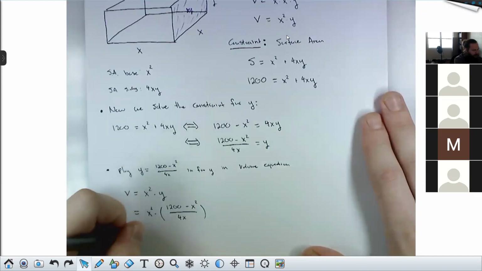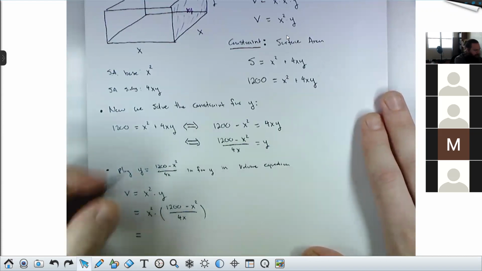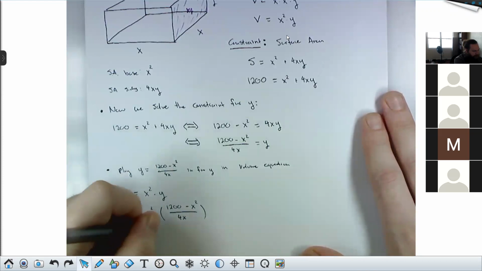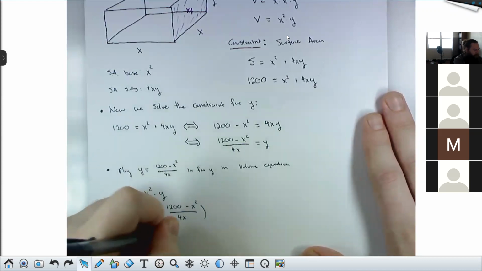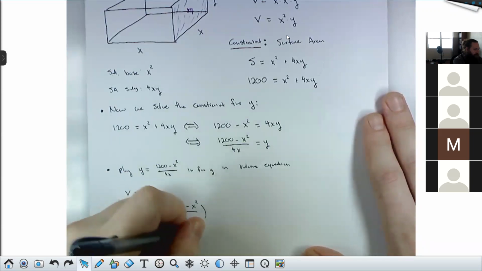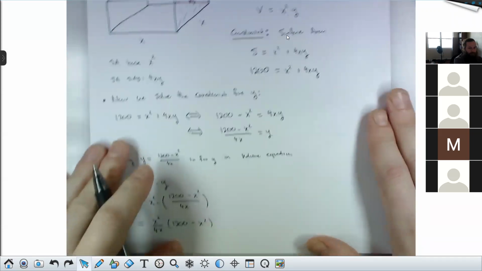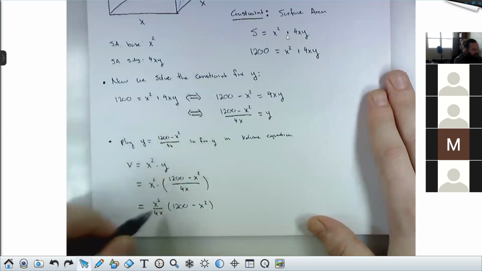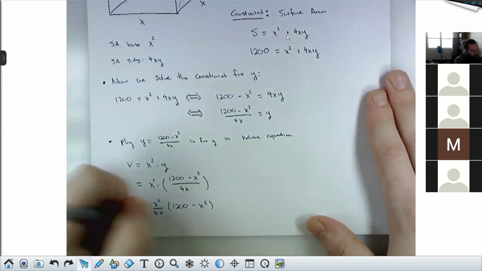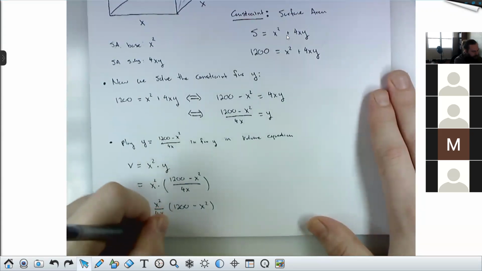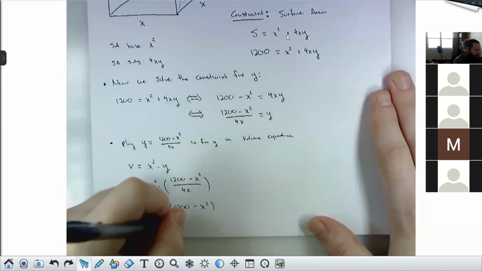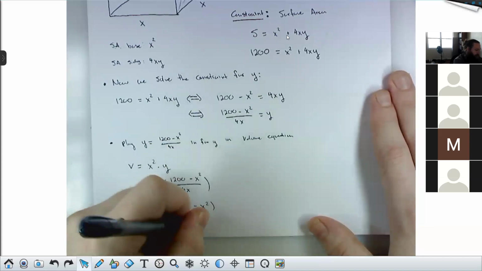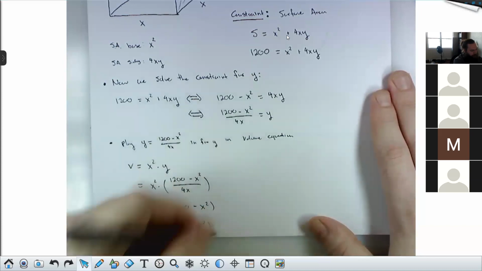And the way I would do this is to pop the 4x out. So this is x squared over 4x times 1200 minus x squared. Then you can cancel here. This is x over 4 times 1200 minus x squared.